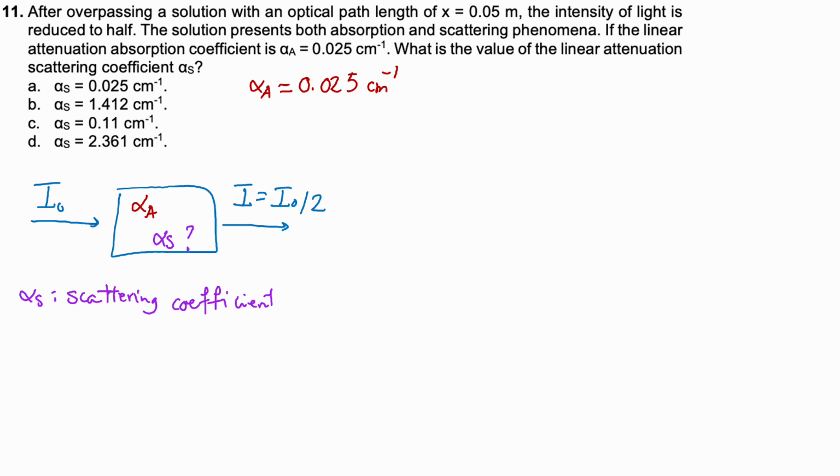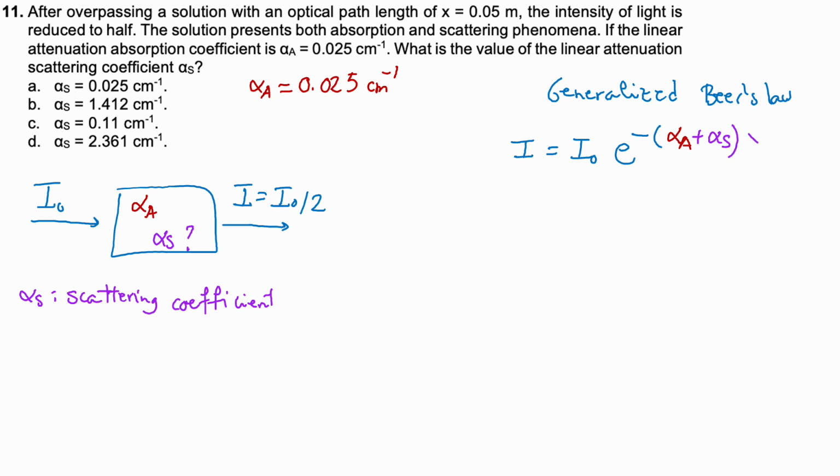Alright, so remember that this is now our generalized Beer's law. We have that our final intensity is equal to our incident intensity times the exponential of minus, and now here we have our absorption coefficient plus our scattering coefficient, multiplied by our thickness.